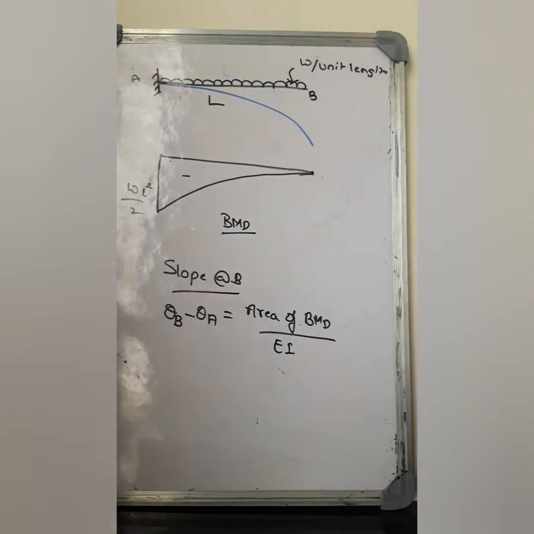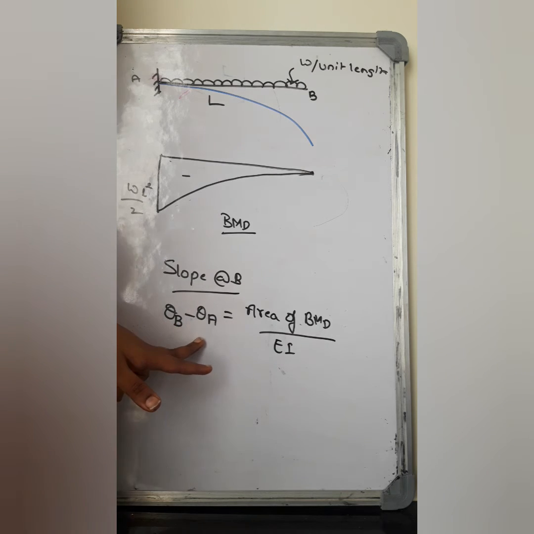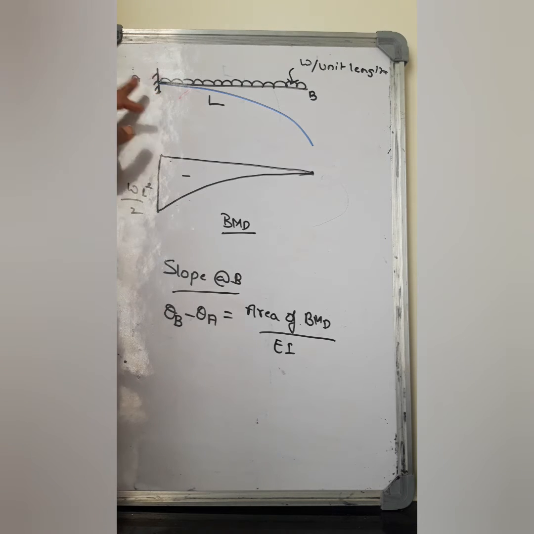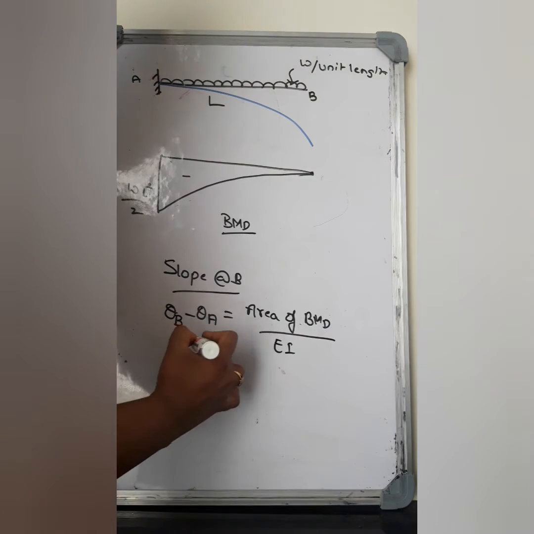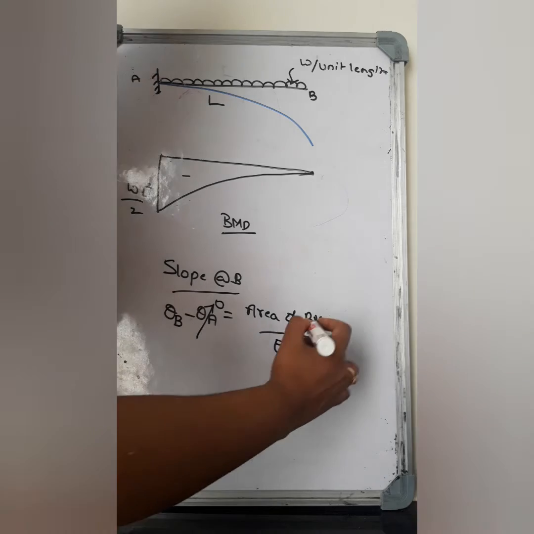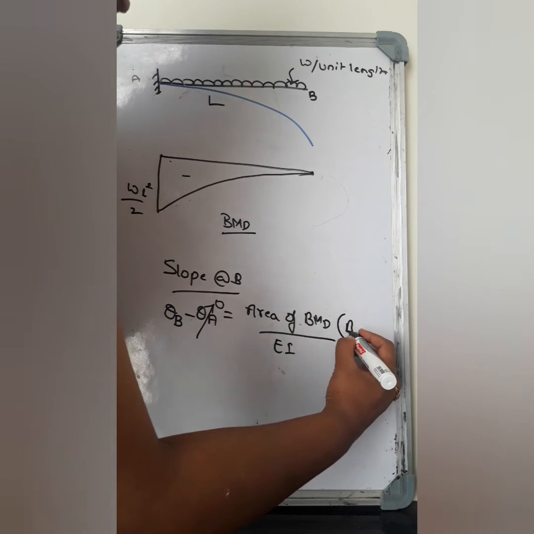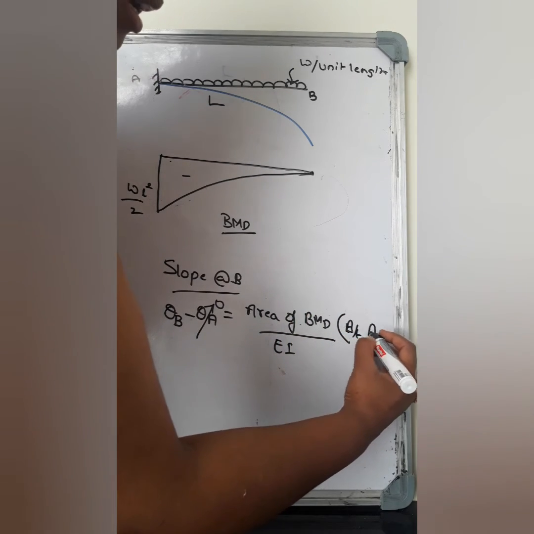You consider the area between A and B, where theta is 0. Here you can see this is a fixed support, so for fixed support the slope will be equal to 0. So theta A anyhow becomes 0, and you consider the area between A and B.